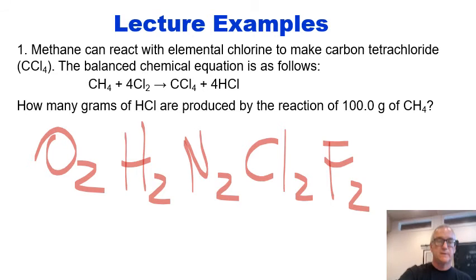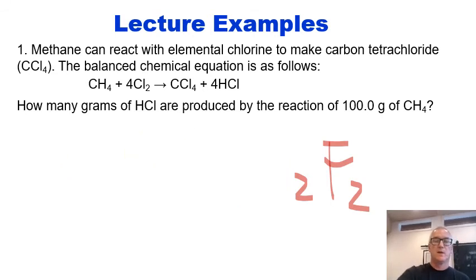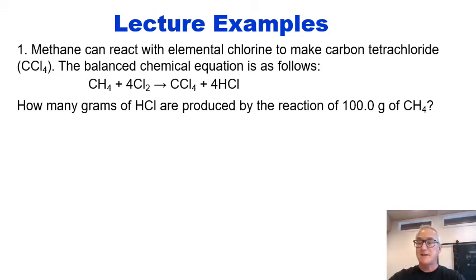So I've got methane, CH4. I have got chlorine gas. And what do I make? I make carbon tetrachloride, which is something that used to be used for dry cleaning until we figured out it caused cancer, and then we don't use it anymore.